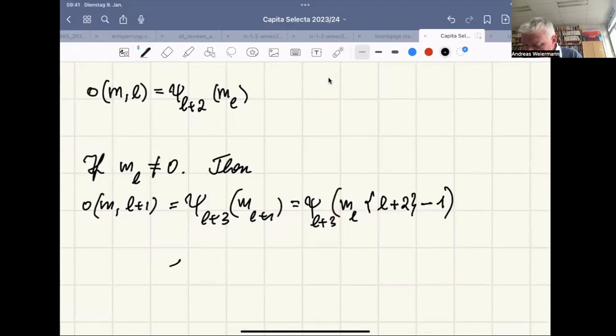Now this is smaller because psi L plus 3 is strictly monotone on these arguments. So if I make the argument bigger, I get psi L plus 3, and here I have ML plus 2.